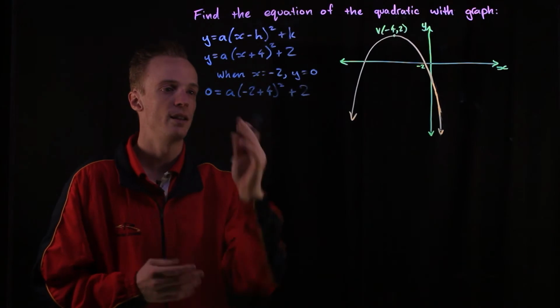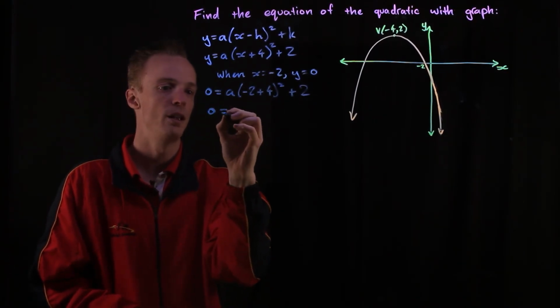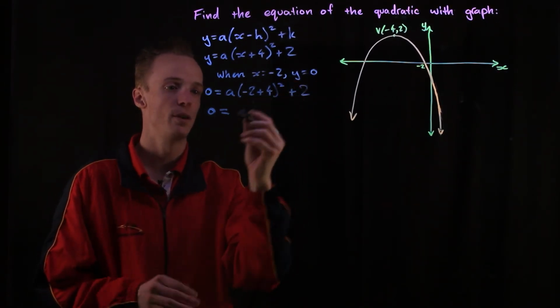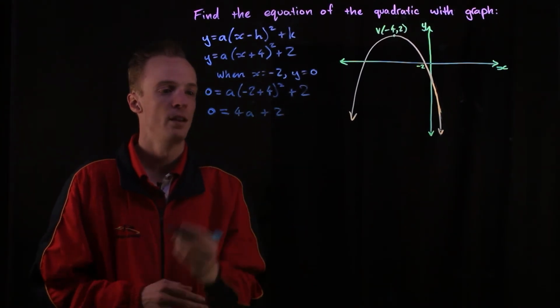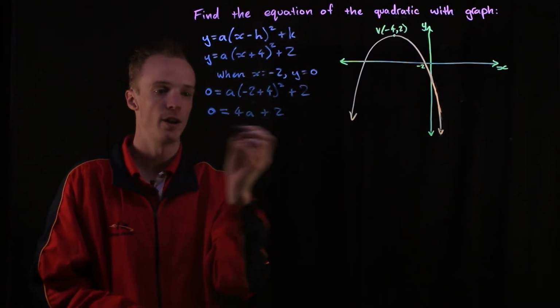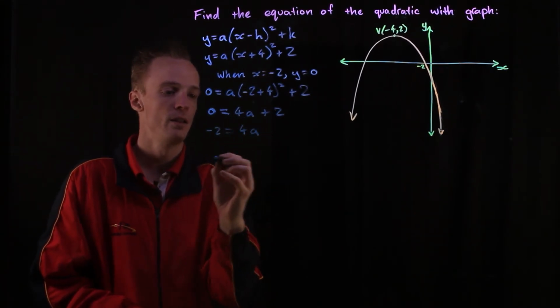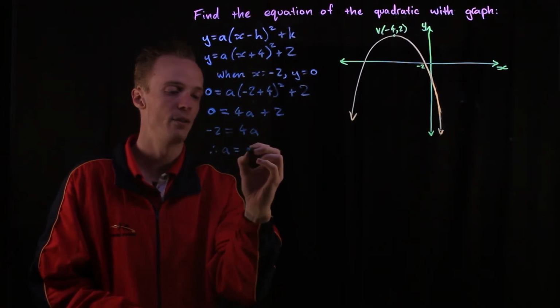From here, I need to simplify this down. So our 0 will equal a times (-2 + 4), which is positive 2. 2 squared is 4, so it'll be 4a + 2. Now when I subtract 2 from both sides, negative 2 will equal 4a. So therefore our a is going to be negative 2 on 4, or negative a half.